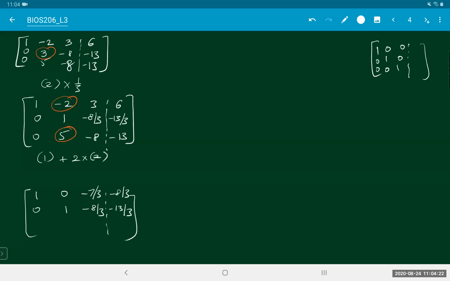And I'm just doing one more step in the same go. To the third row also, now I will subtract 5 times the second row so that this 5 becomes 0.